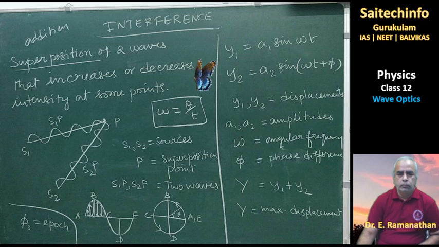So how much angular displacement occurs in a given time, that is called angular velocity. So it is given as omega is equal to theta by t. This is known as angular velocity. Do you understand? Angular velocity. And this angular velocity can also be called angular frequency in this case.